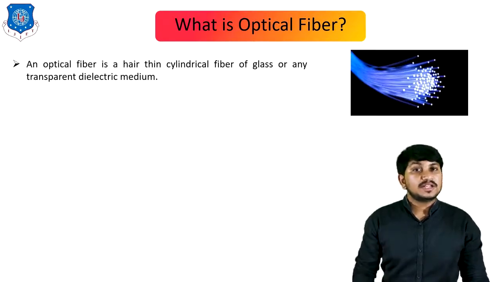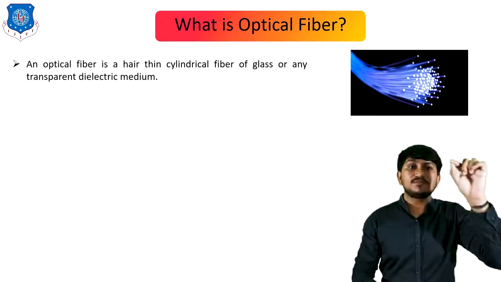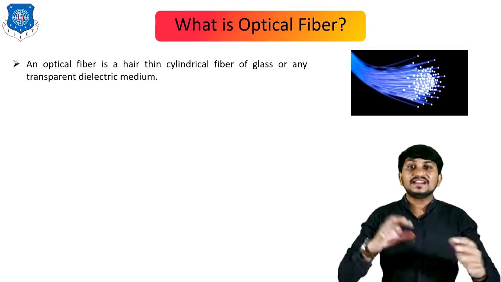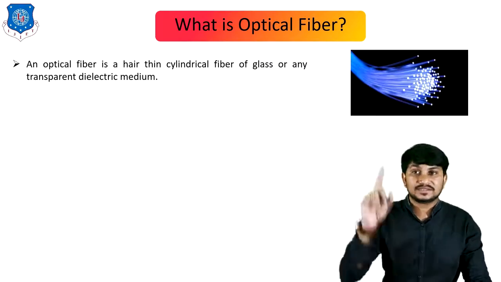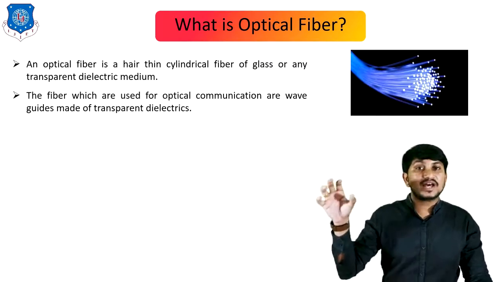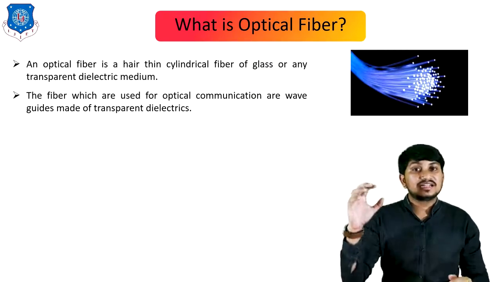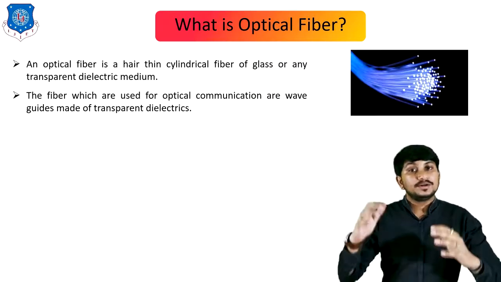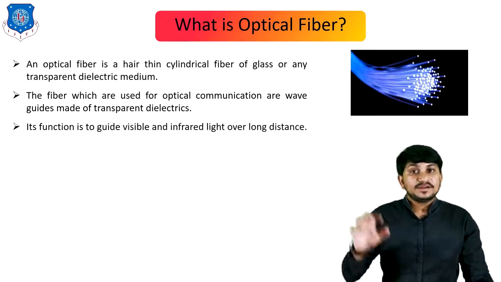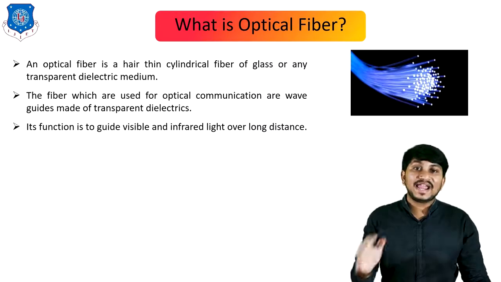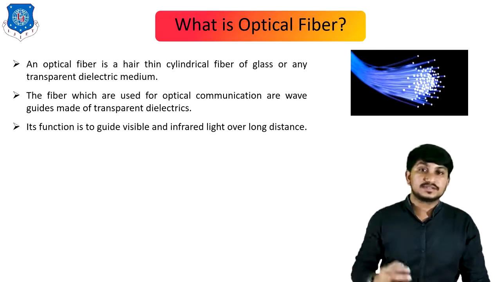An optical fiber is a hair-thin cylindrical fiber of glass or any transparent dielectric medium like this. The fibers which are used for optical communication are waveguides made of transparent dielectrics. Its function is to guide visible and infrared light over long distances.